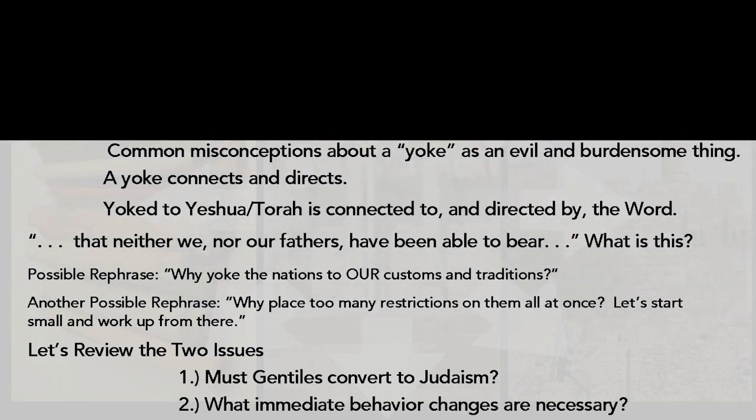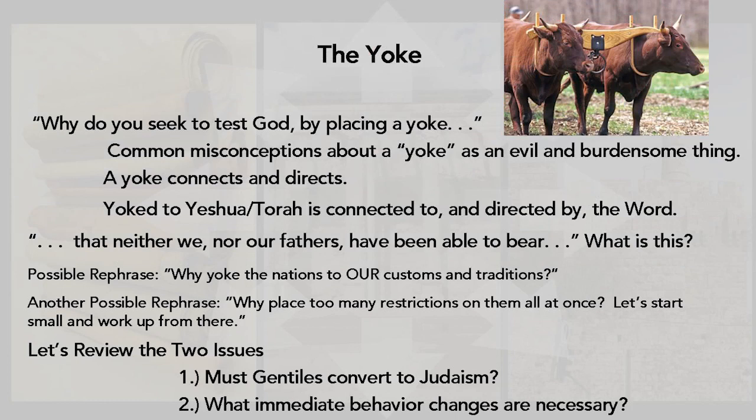The Gentiles must observe the Torah of Moses, the Pharisees say, the sect of the Pharisees who had believed. Now, I want to talk about this yoke idea, because Peter says, why do you seek to place a burden on the neck of these people that neither we nor our fathers have been able to bear?